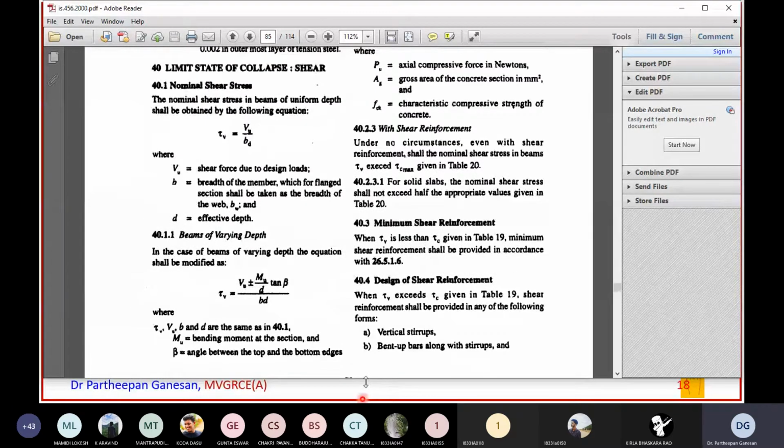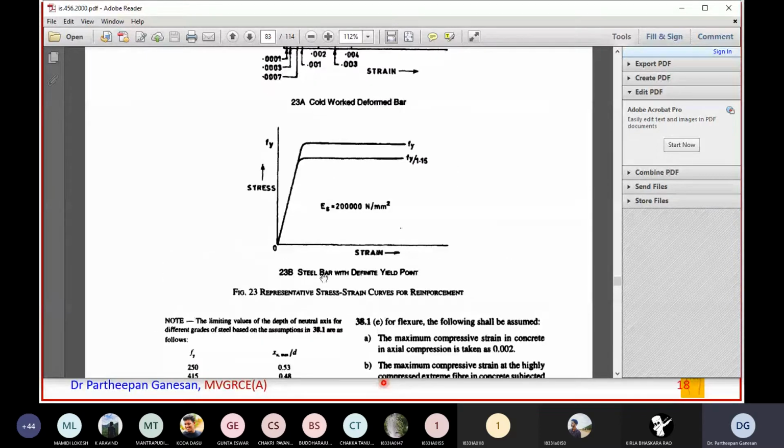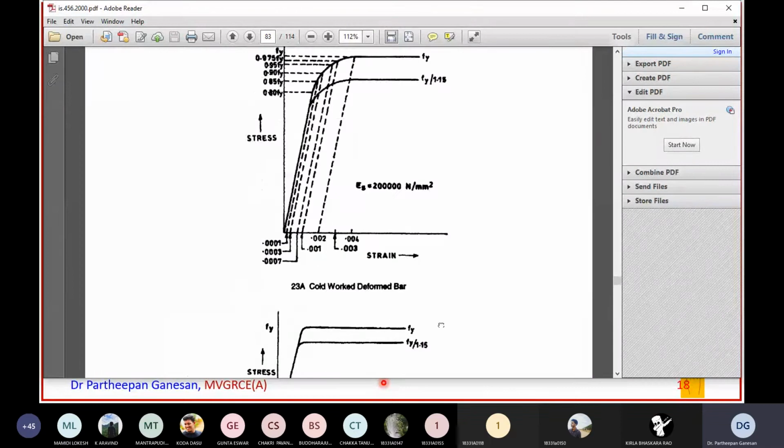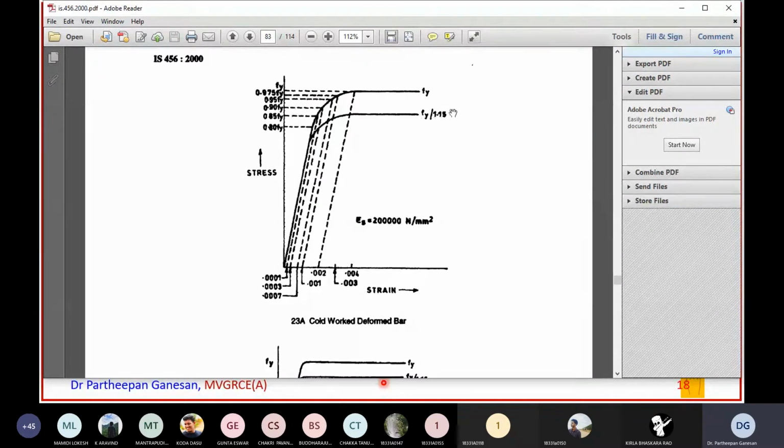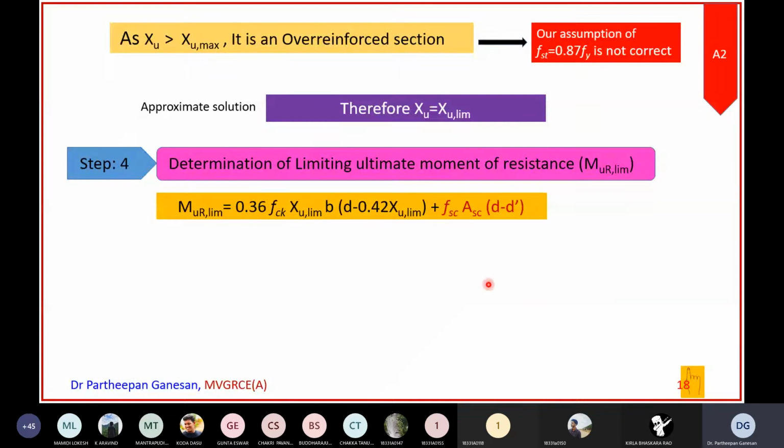You know, from page number 70 or 68, this is the stress strain curve for mild steel or Fe250 steel. And this is Fy divided by 1.15, this is for cold worked bar. If 500 means Fy is 500, 415 means 415, 550 means 550, whatever. So if you know the strain value, you can find out the corresponding stress value. So that is why first you have to find out the strain.